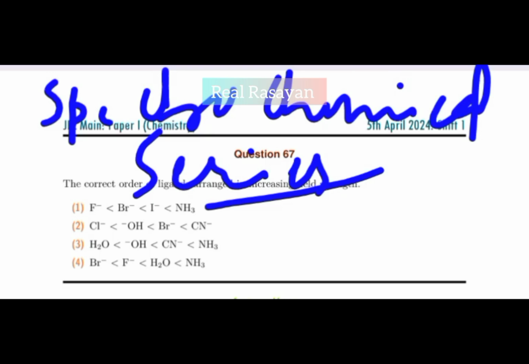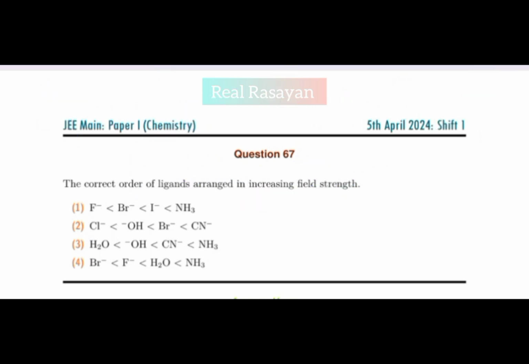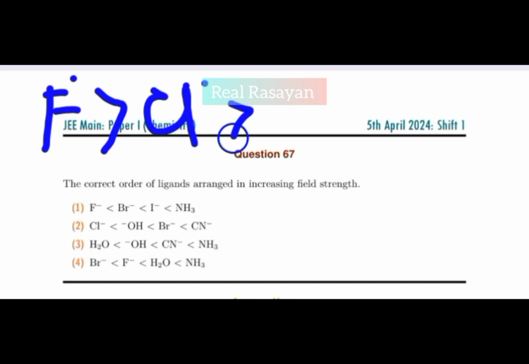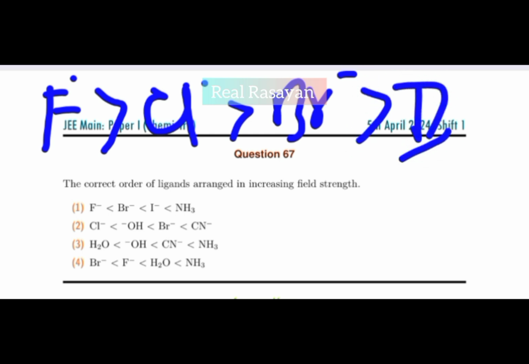So generally in this series, the spectrochemical series, we can follow two simple rules to solve this question. First, arrange the halide ions: fluoride ion has greater crystal field strength than chloride ion, which is greater than bromide ion, and then iodide ion.